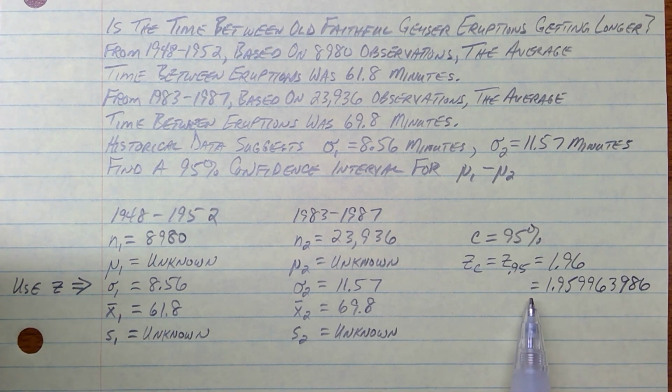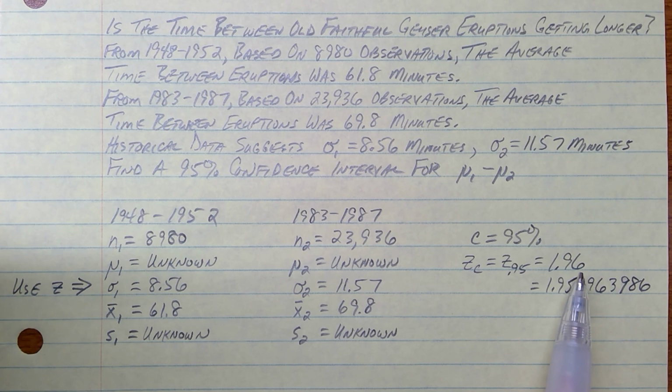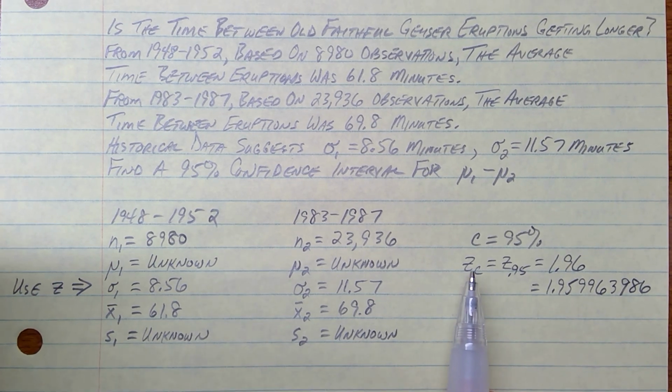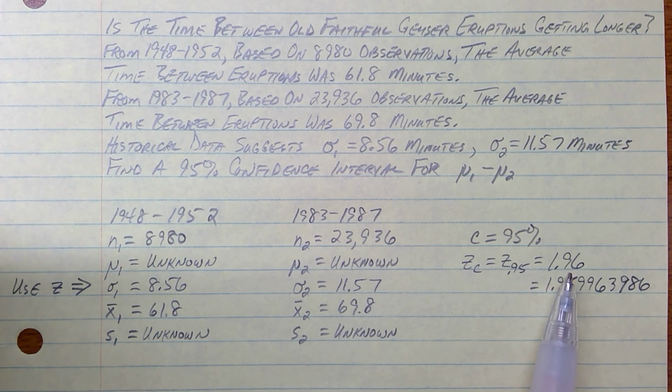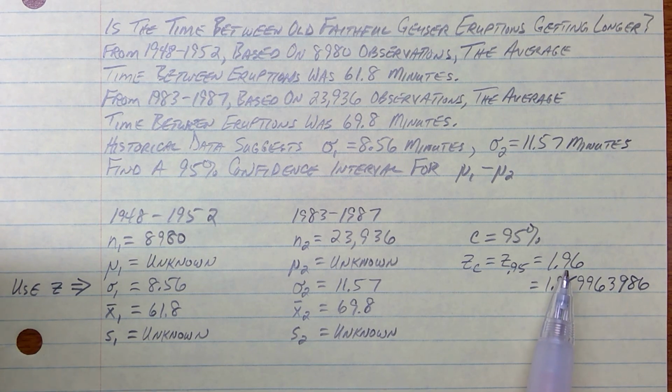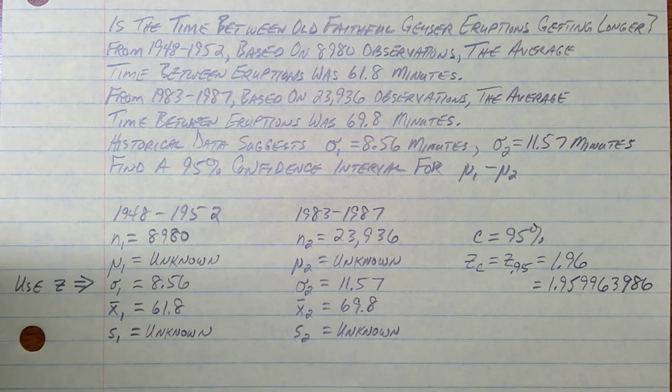Now, more accurate is better. 1.96 is probably fine, but if you ever find that you can't get exactly the answer you're looking for, it just means that you need to make your z or your t-score more exact. Most of the time, 1.96 works just fine, but if you're off just a little bit, try using a more exact z-score. So here's the more exact z-score.